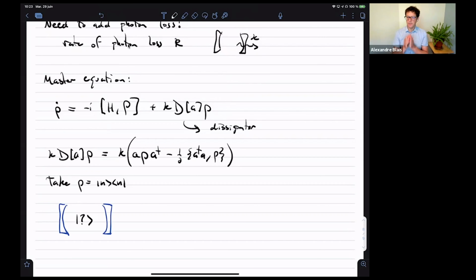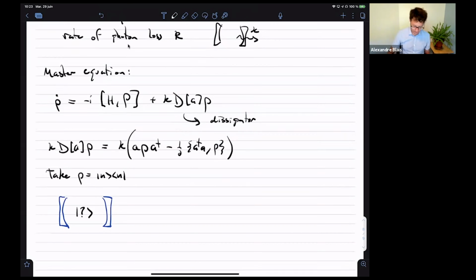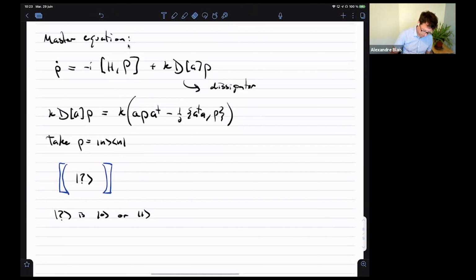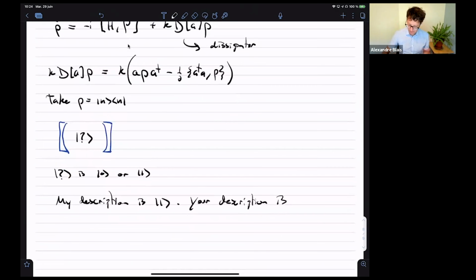So my description of the state of the system, say I did put in a photon, is 1. I know that. Your description is, the best you can say, either 0 photons or 1 photon, normalized.